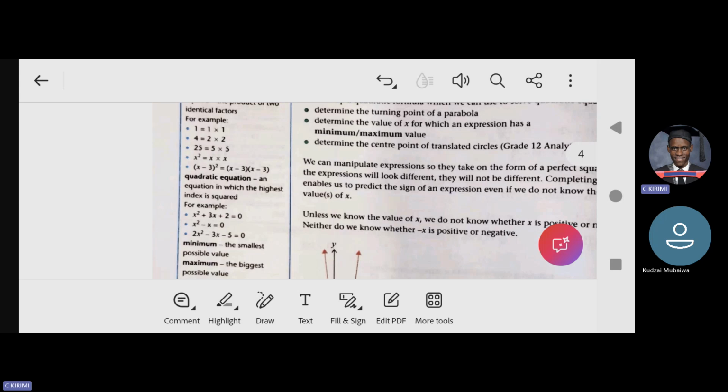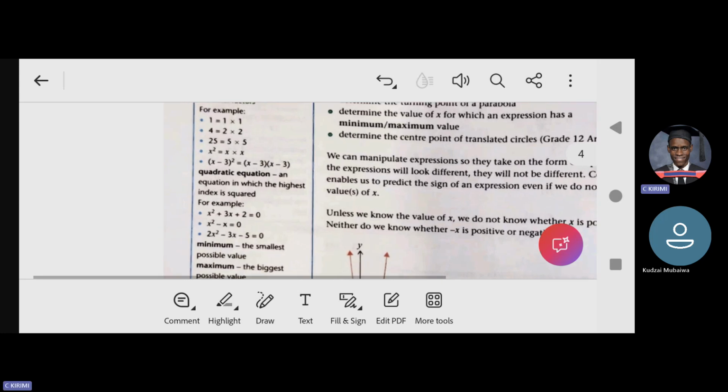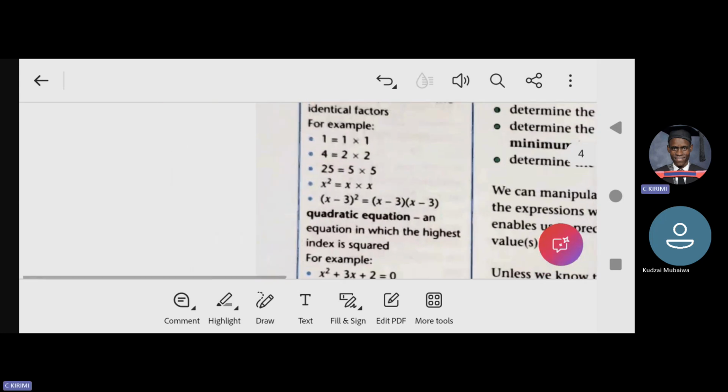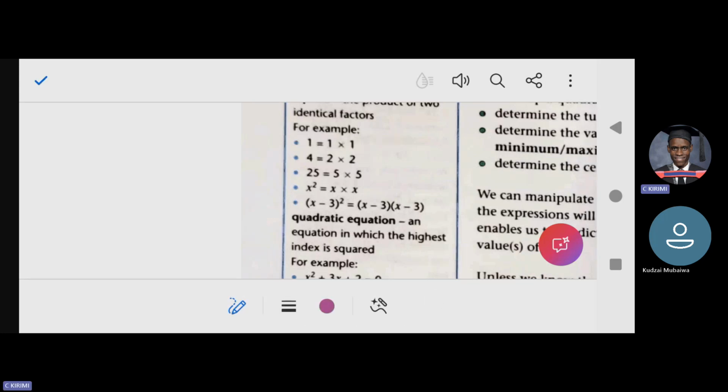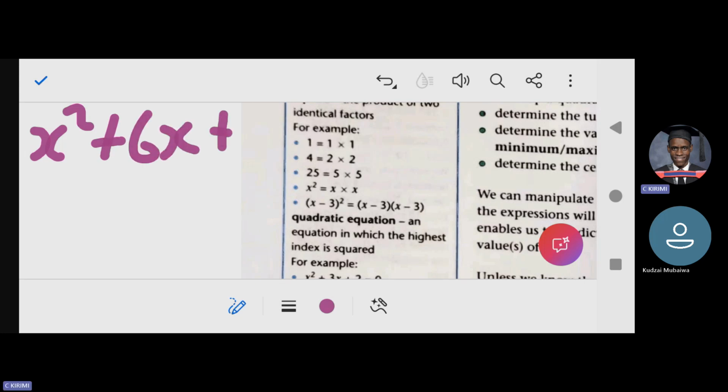With the method of completing the square, our equation originally was x² + 6x + 9 = 0.